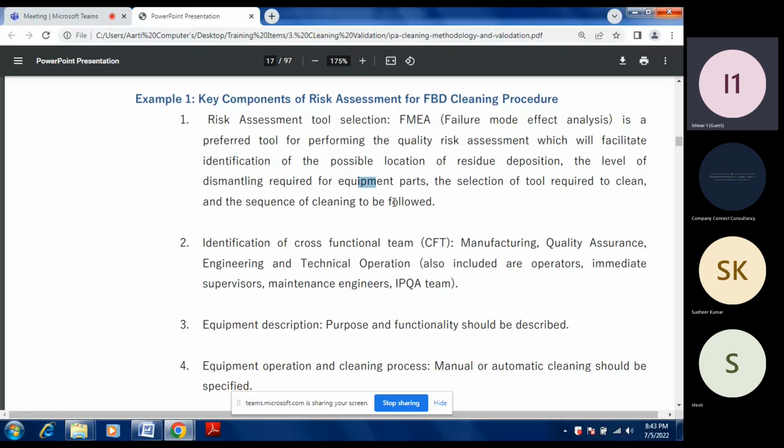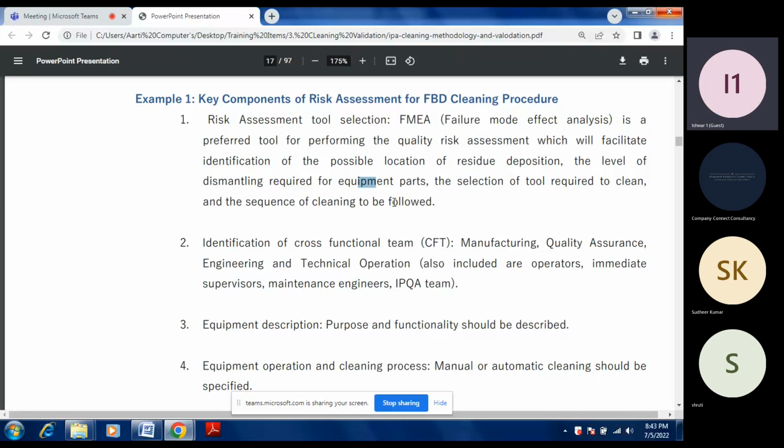The subject matter experts who are directly in contact with the activities should be part of the risk assessment, so that we can identify the risk and represent our control measures. If we have appropriate control measures, then we can go further with the activity.